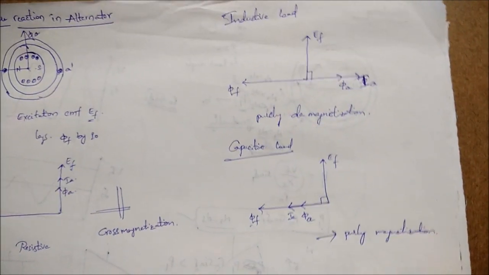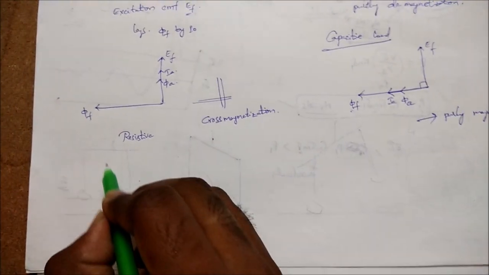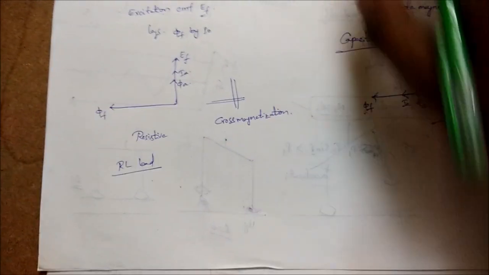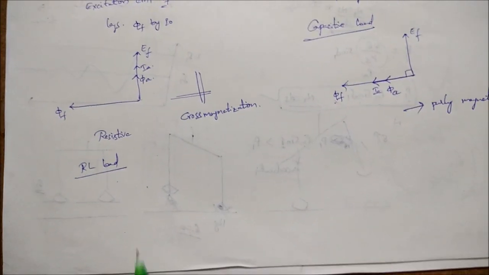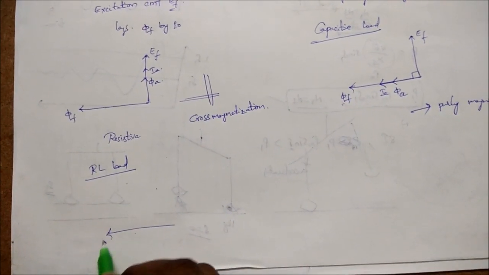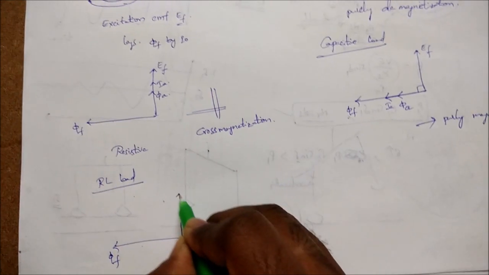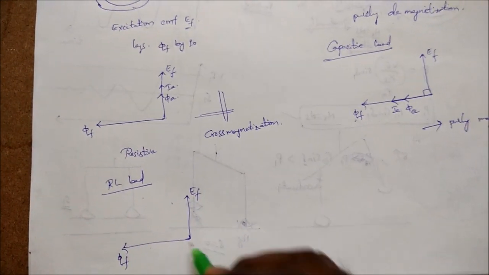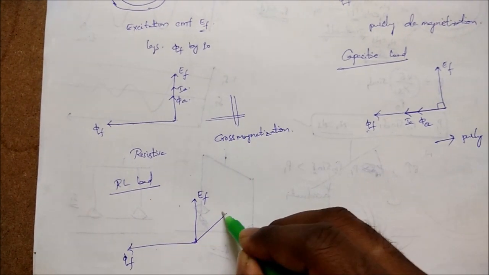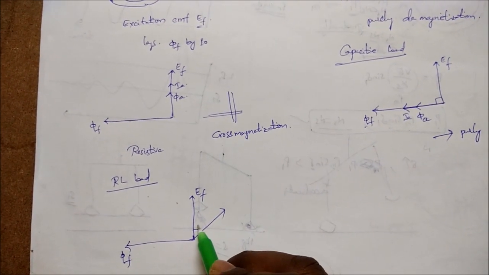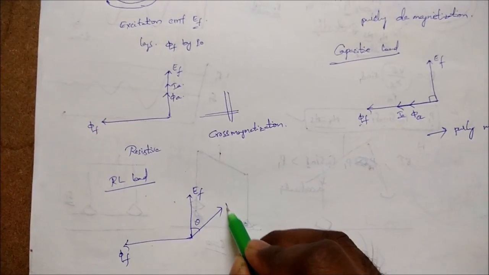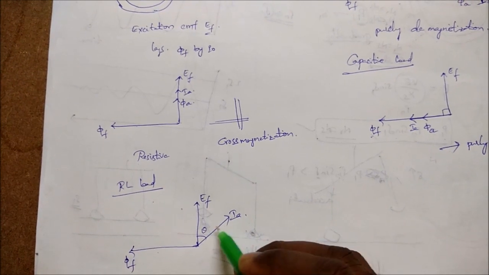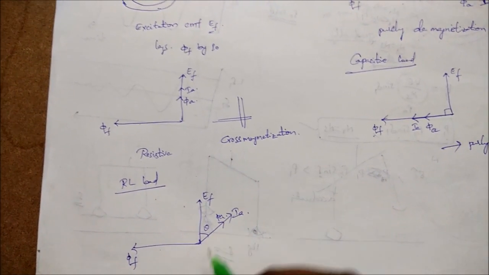Understand? Now, if you consider some RL load, this is not a pure inductive load. This consists of some resistance also. So this is phi F and this is EF. Because of this RL load, the current lags by some angle theta. So this is IA. Because IA is in this direction, phi A is also in the same direction.